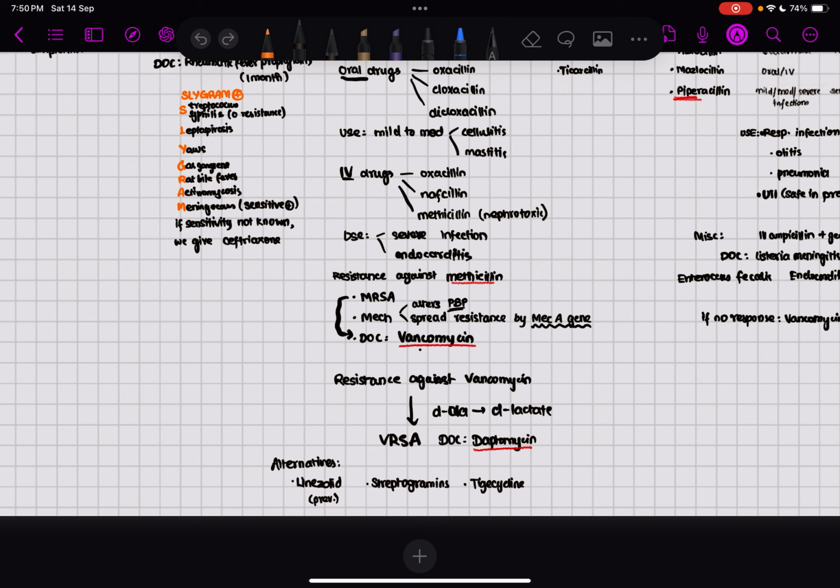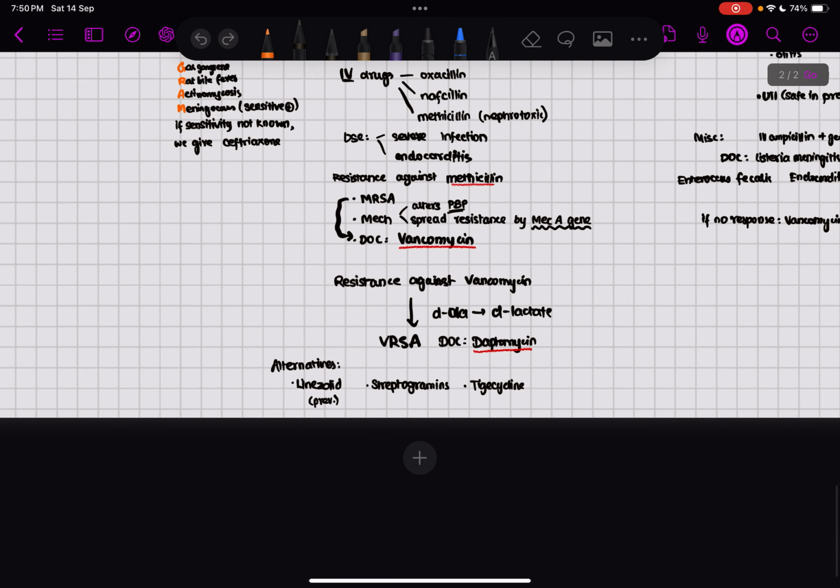For that, the drug of choice is vancomycin. Resistance against vancomycin develops because vancomycin binds to D-alanine and blocks the polymerization, but D-alanine is changed to D-lactate, and thus vancomycin is not able to bind. So we get vancomycin resistant Staphylococcus aureus. The drug of choice for that is daptomycin.